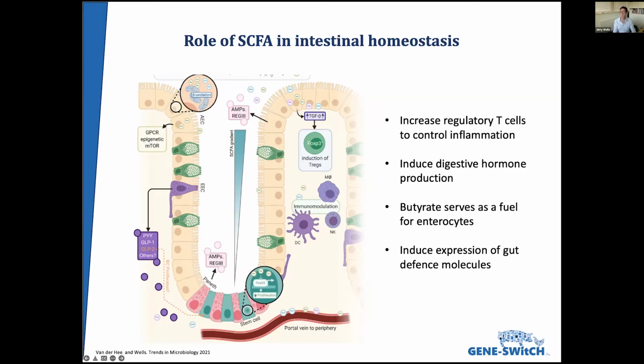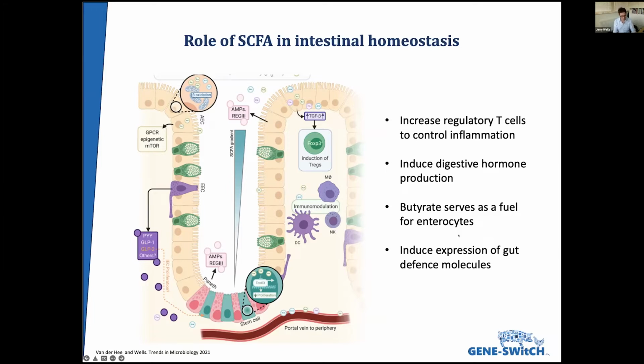These are a population of cells in the gut epithelium that produce hormones in response to metabolites. Short chain fatty acids are one of those metabolites that can induce hormones such as PYY for appetite, or these others. Some of these are also involved, like GLP-2, in increasing the surface area for absorption.